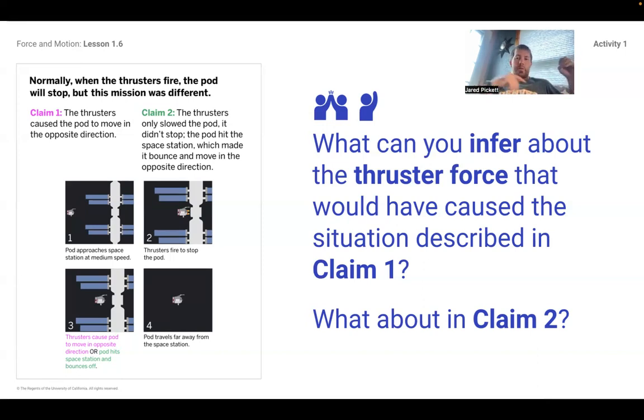And the thrusters in claim 2 were pretty weak, and they never got it to come to a stop. The thing that actually caused the pod to move back wasn't the force of the thrusters, but the force of the collision with the space station.